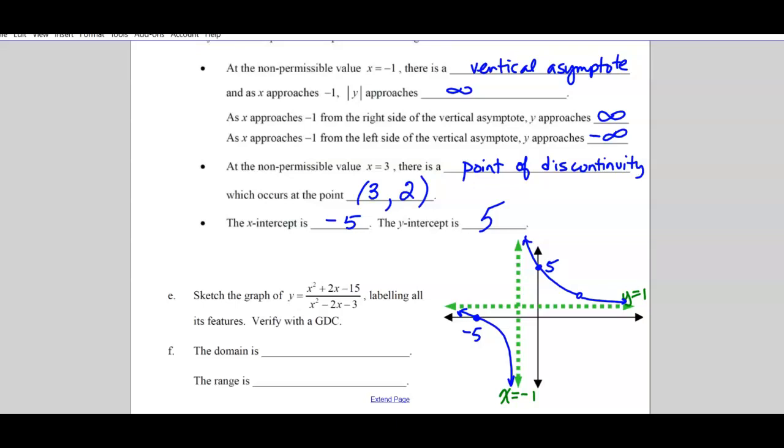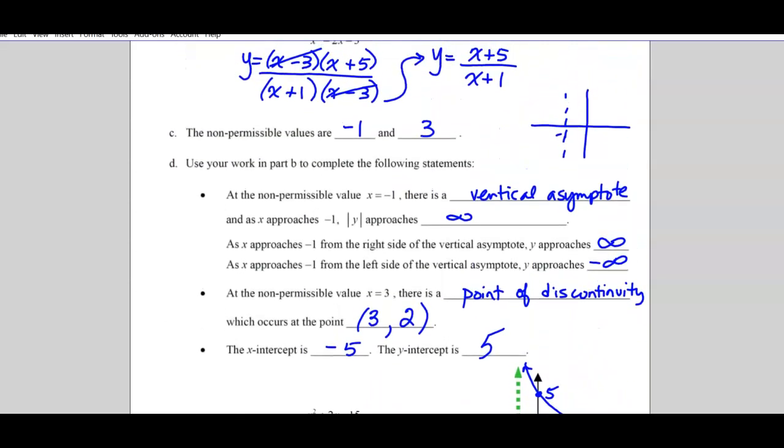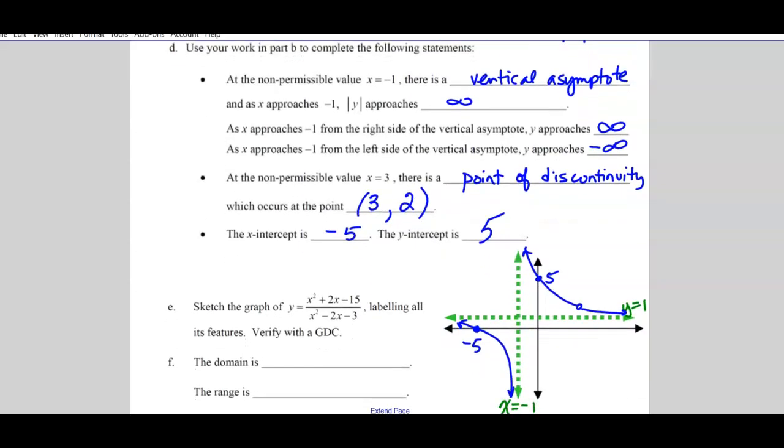If we had to get more exact points, obviously we can substitute points in. You can also, remember what we did the other day, with x plus 5 over x plus 1, we could divide to get it into transformation form.